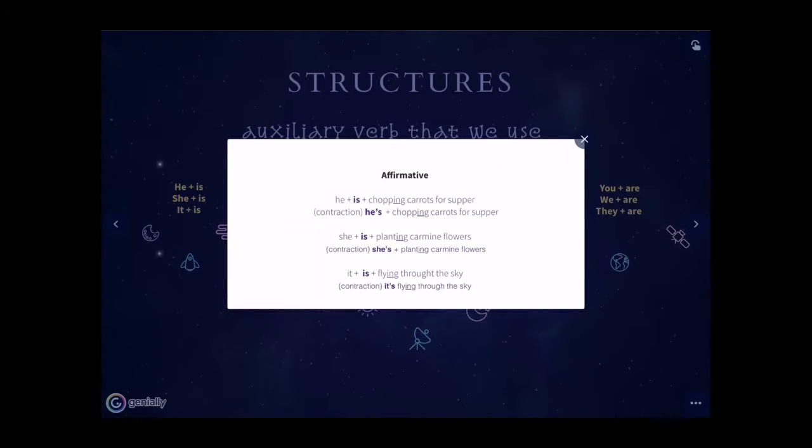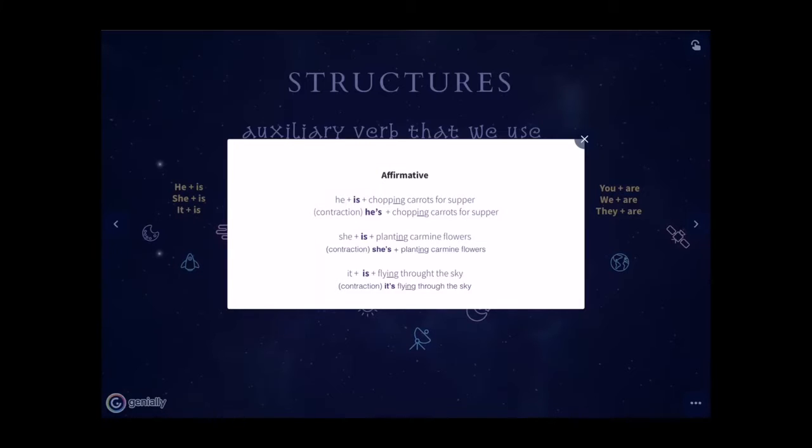And also we can use contractions with the sentences, like we can contract the subject and the auxiliary verb. Here we have the subject he plus is, and it looks like he's.